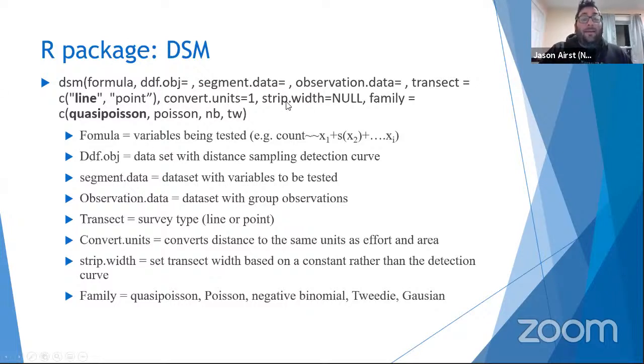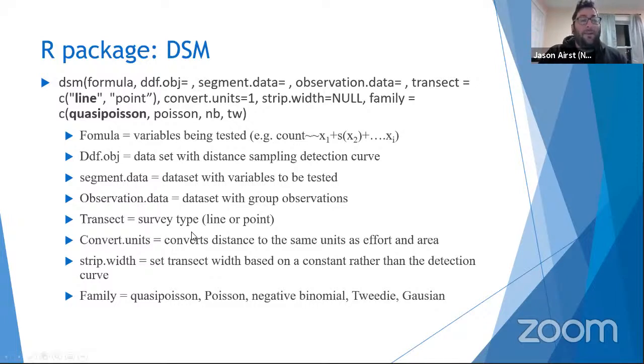The ddf.obj is our detection curve, where DDF is the name for the distance sampling model we did prior. The segment data covers the information about our variables of interest. The observation data covers the information about our group that we're observing.